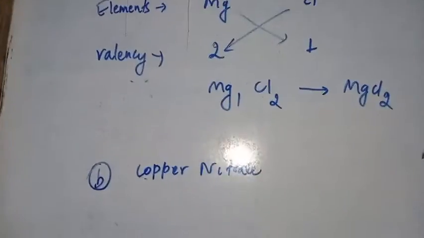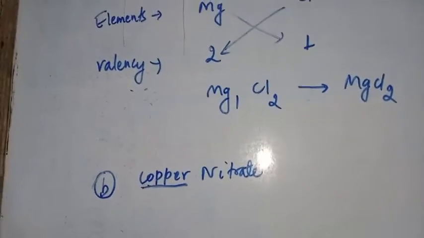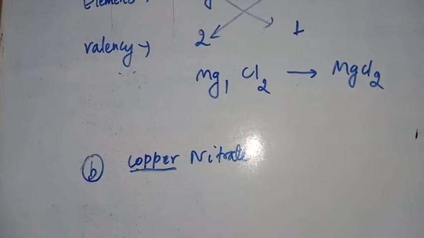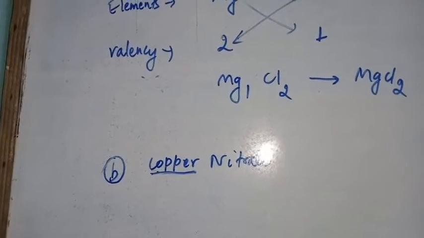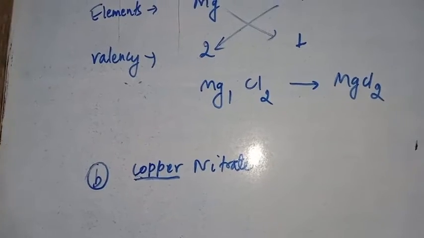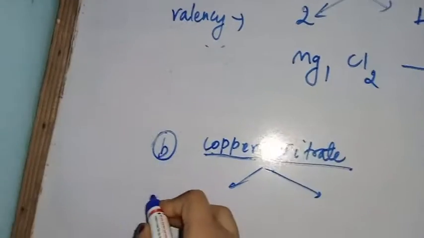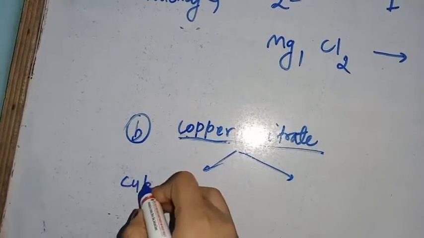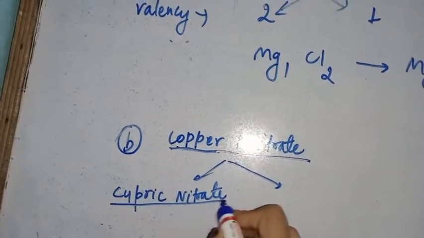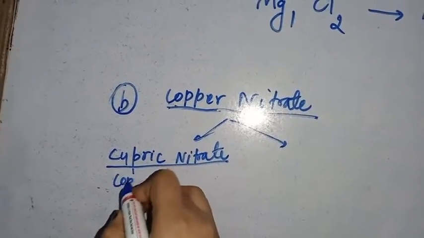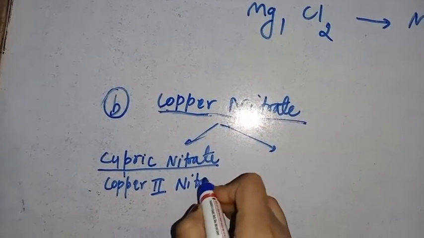So like that we will do for the copper nitrate also. So you know that copper shows variable valency. If you remember, variable valency means it acquires +2 charge, and it acquires +1 charge also sometimes. So copper nitrate, if it is asked, it can be cupric nitrate, or it can also be written as copper 2 nitrate.